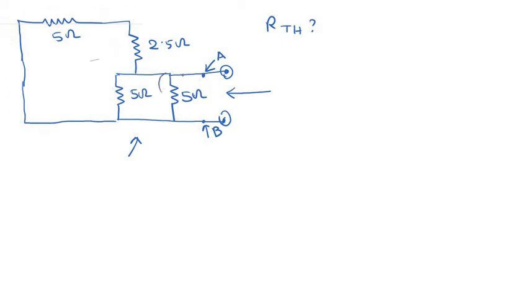Because this 5 ohm resistor is also connected between the terminals A and B, and this series combination of 2.5 ohm and 5 ohm resistor is also connected between these two points A and B.